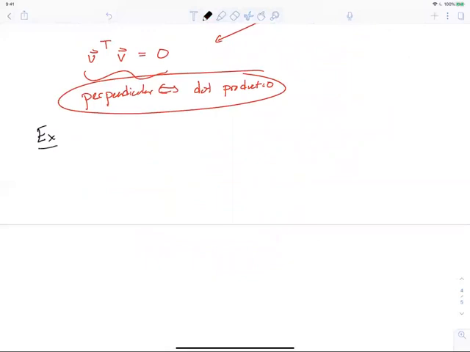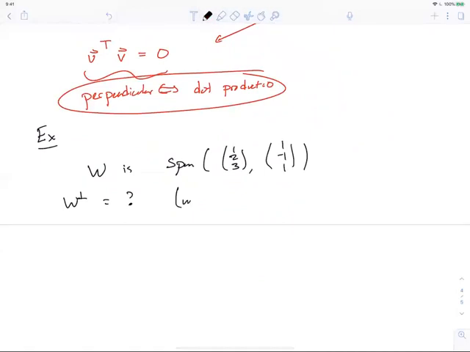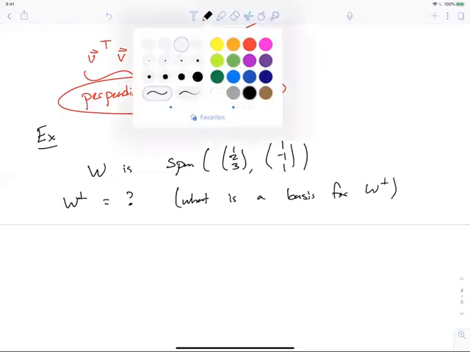So let's find, if W is the span of two vectors, we want to find a basis for W perp. Step one is we have a basis.